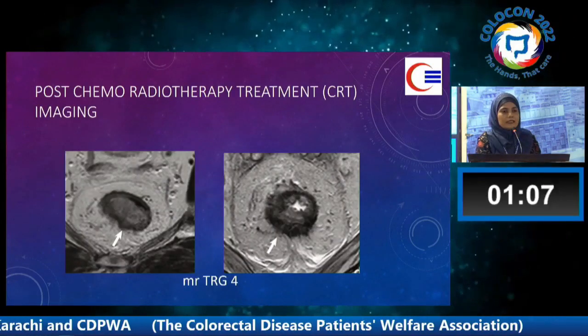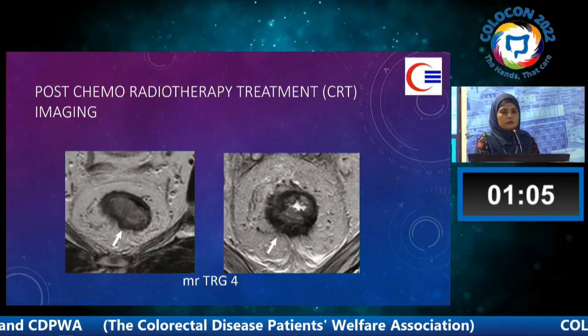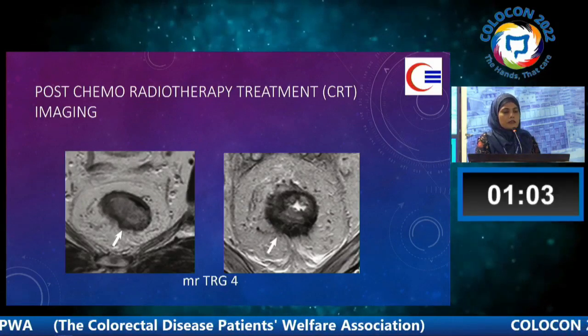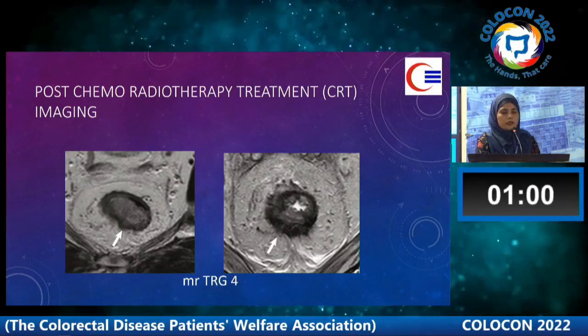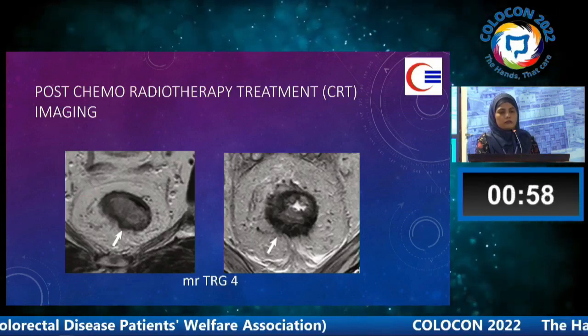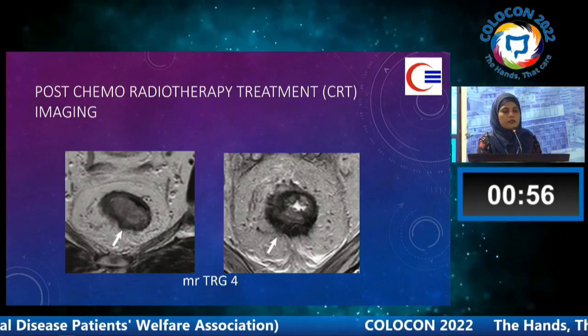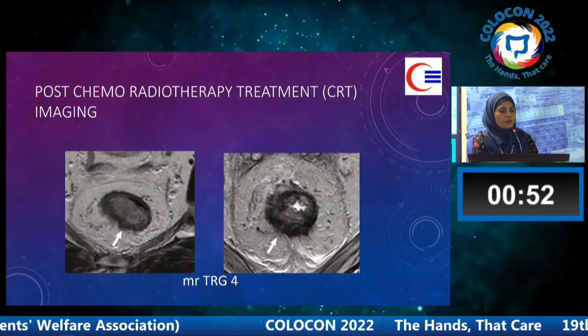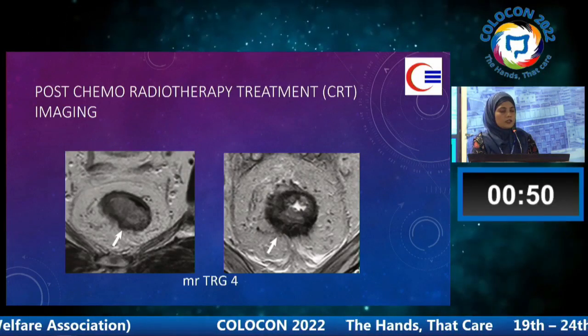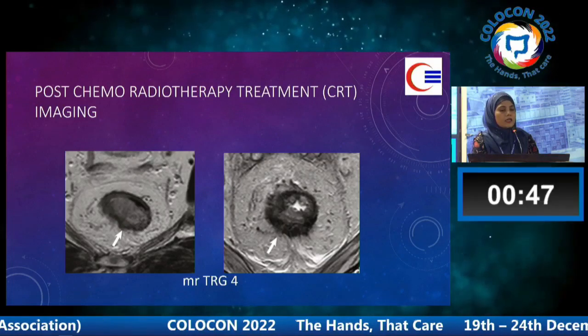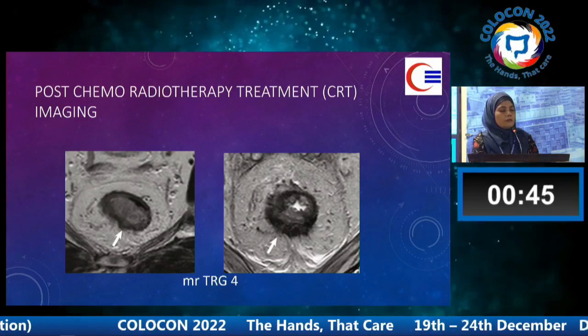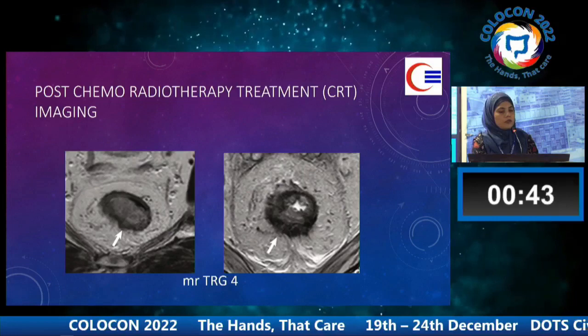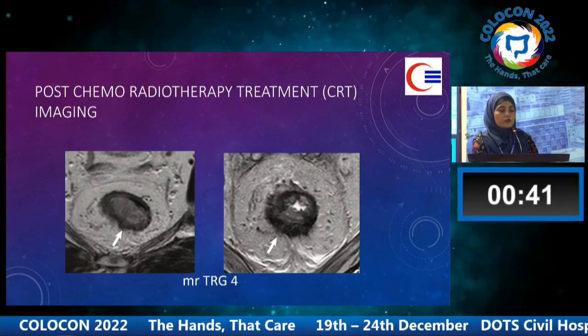This is not as easy as shown on this slide, but tumor regression grading is a totally different imaging method and a totally different mind frame of imaging. This was a T3A tumor in which there was subtle extension into the mesorectal fat, and after CRT, fibrosis was there, but an almost equal amount of intermediate tumor was also there.